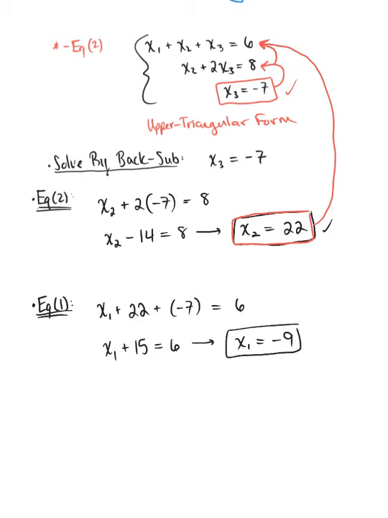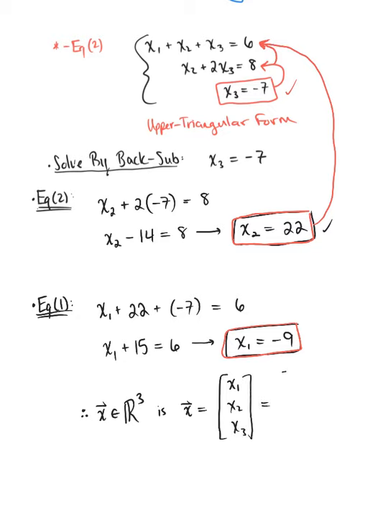And we've done it. We have all three entries, and we can say that therefore vector x, the solution vector in 3 dimensions, is defined. Again, we define this as a column vector, x sub 1, x sub 2, x sub 3.